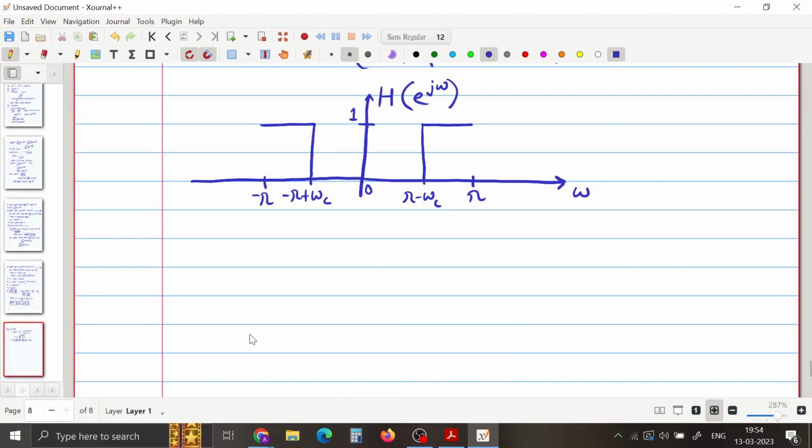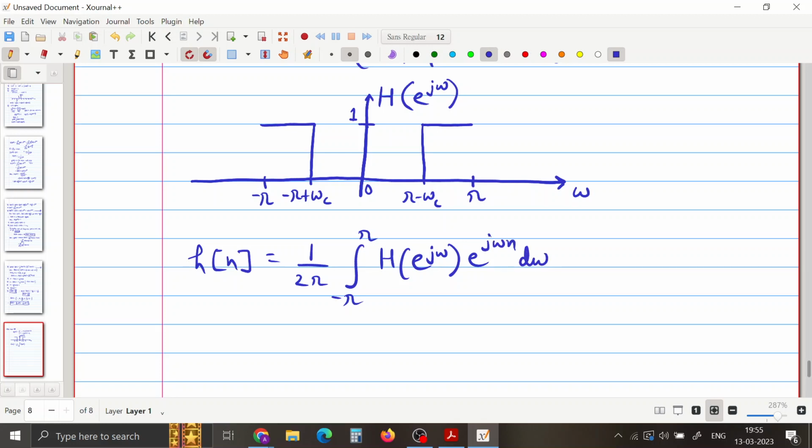Now all we need to do is first find h of n, and only then can we determine g of n. So for h of n, we simply apply the IDTFT formula, which is 1 by 2 pi integral from minus pi to pi of capital H of e power j omega times e power j omega n d omega.